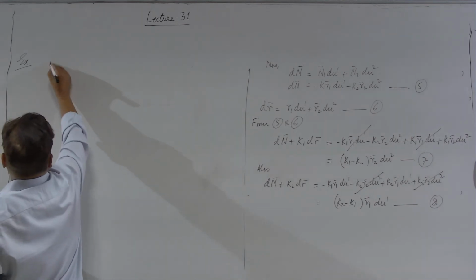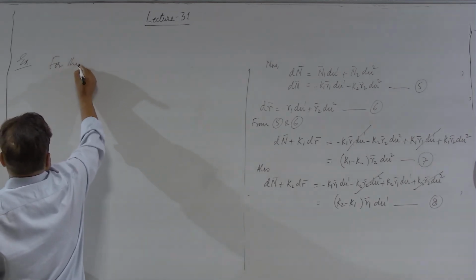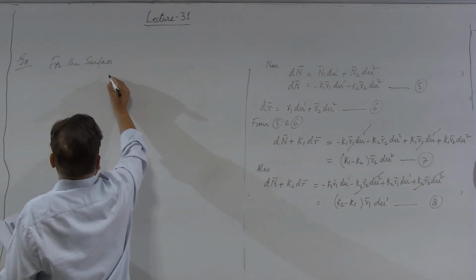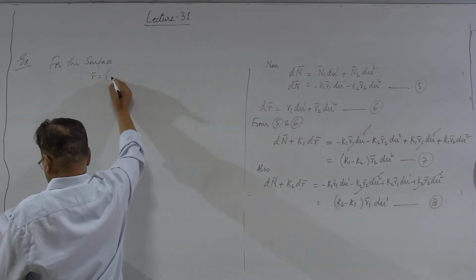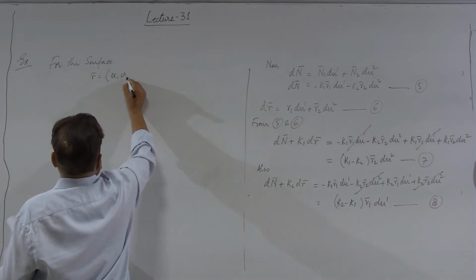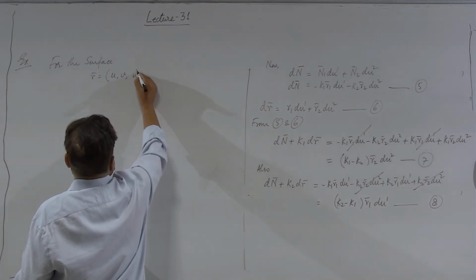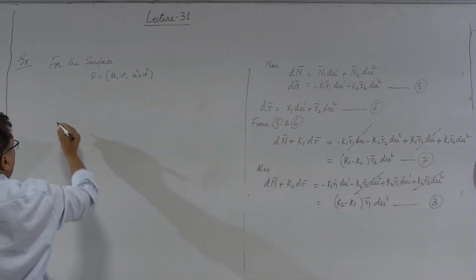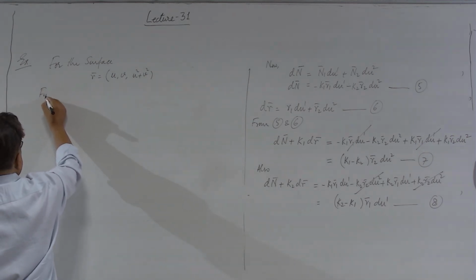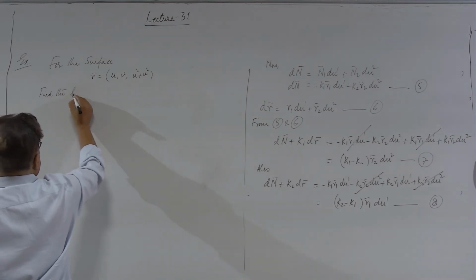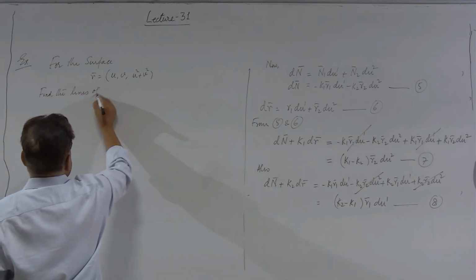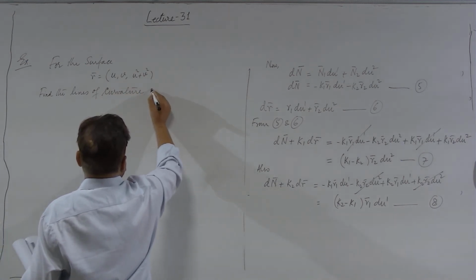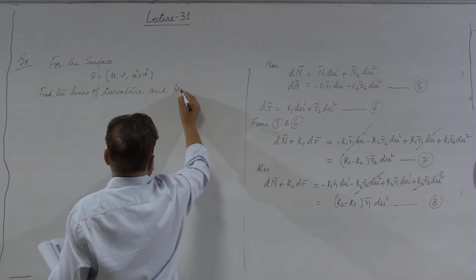For the surface r equal to (u, v, u square plus v square), find the lines of curvature and principal curvatures.